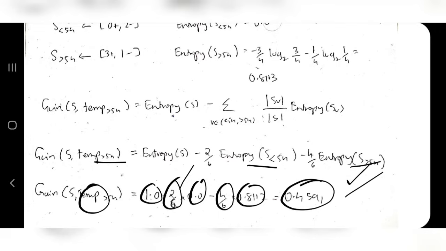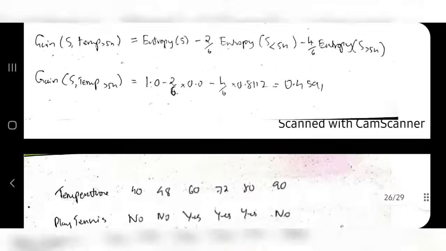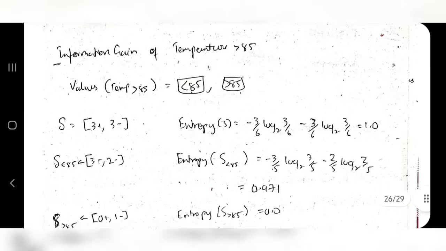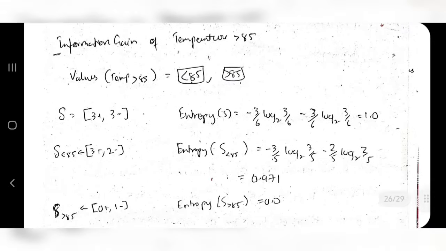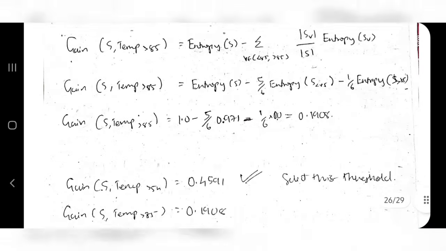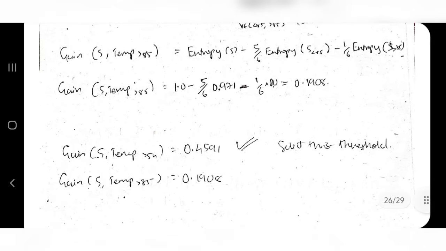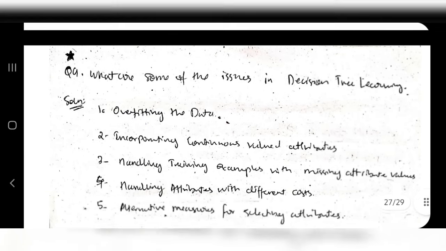We do the same thing for 85, and you get another answer, which is 0.1908. We select the first one, which is better, and that is how you handle continuous values.